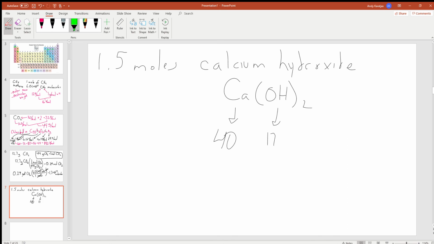But don't forget the subscript here, which applies to the entire hydroxide, but not the calcium. So this 17 for the O and the H gets multiplied by 2. We add the results together and we get the molar mass of calcium hydroxide is 74 grams per 1 mole.